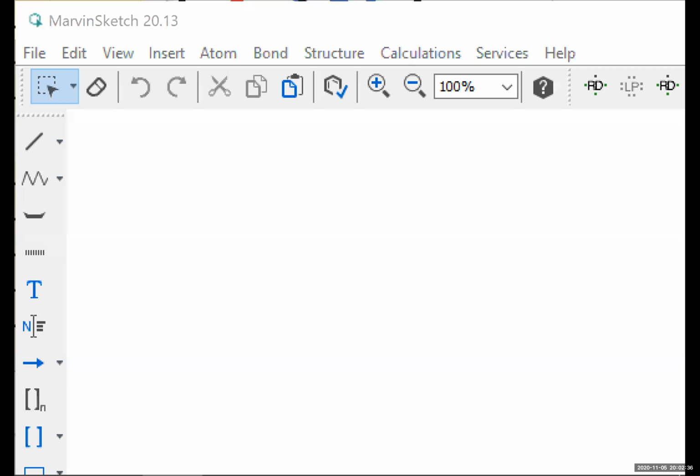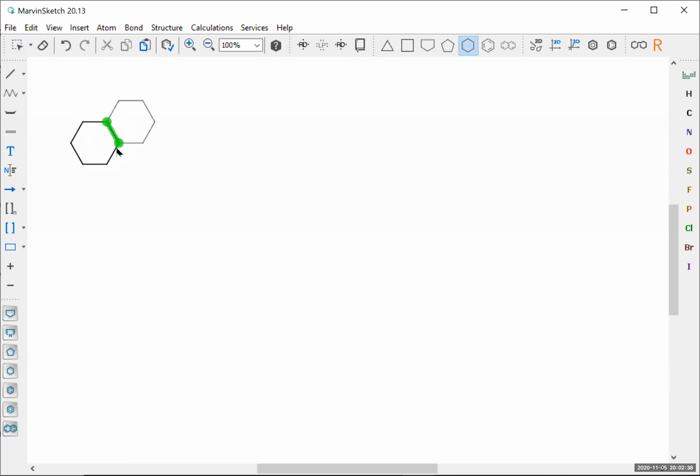Okay, so if you pull open Marvin Sketch and you copy and paste your structure, you have to make sure your structure is drawn accurately.